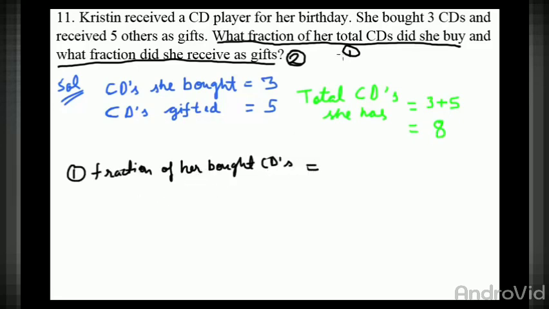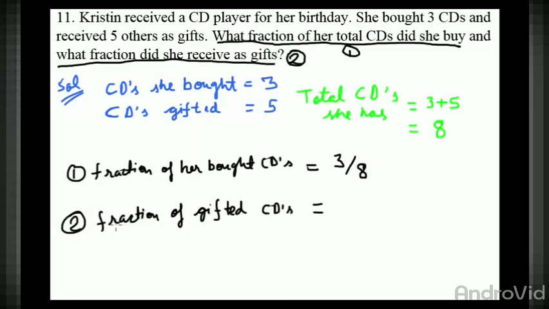So we are going to solve the first question, fraction of her CDs. So she got 3 CDs on her own, that is she bought them, out of total, that is 8. The question asks what fraction of her total. Therefore, in the denominator it comes 8.